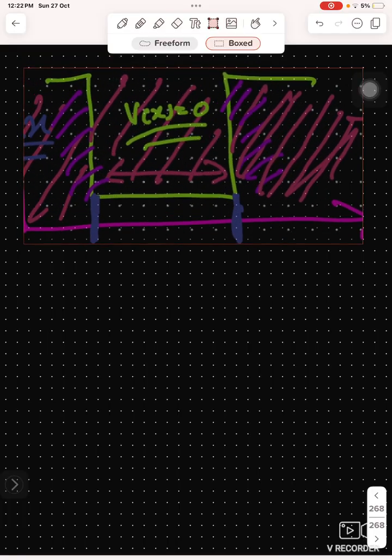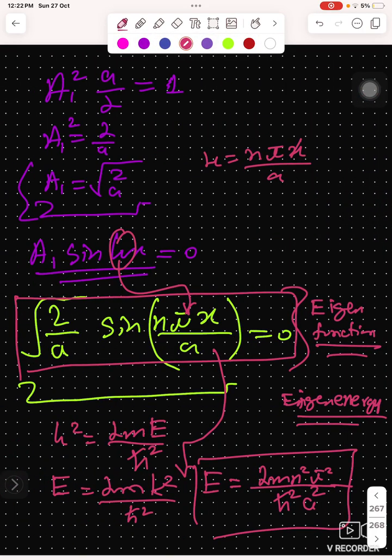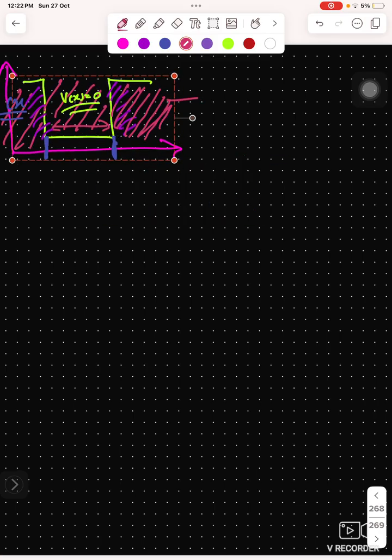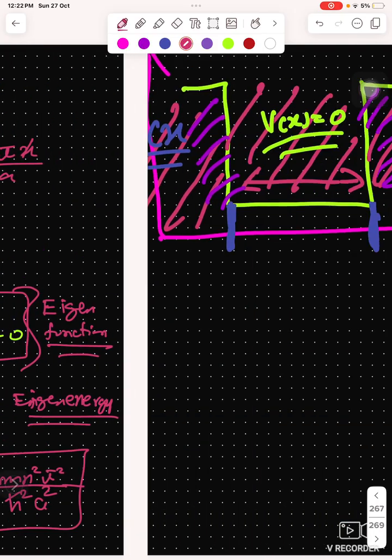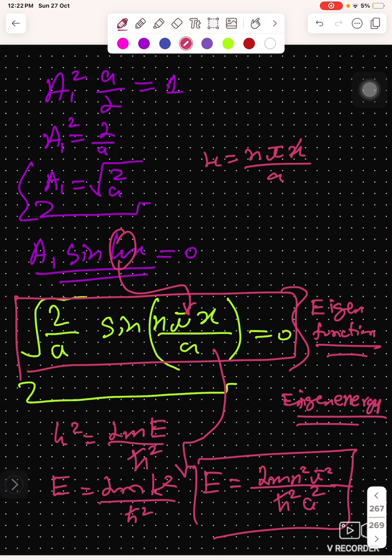Now using this, not this, oh sorry, I put this in as an image, right? I want the writing. Using this, using these two equations, the square root of a over 2, was it a over 2 or 2 over a? 2 over a.